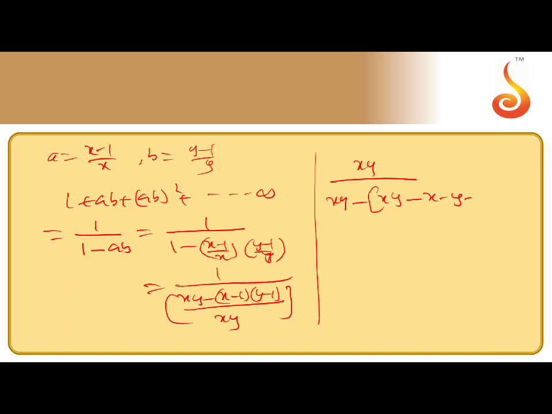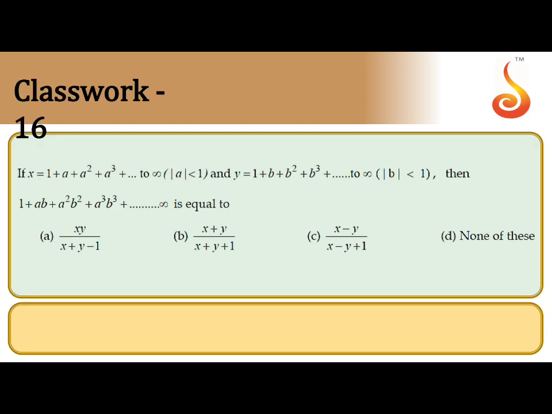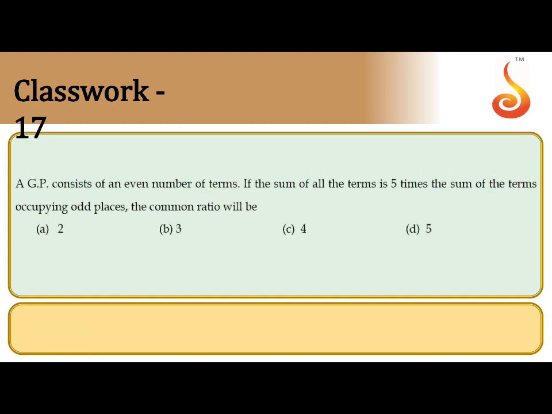Here xy cancels, multiplied with minus. So the answer is xy by x plus y minus 1. Check the option which is the correct answer. The first option is there, so the answer will be this one only. The other options are x plus y, x minus y. The answer is A. So check once. Next.